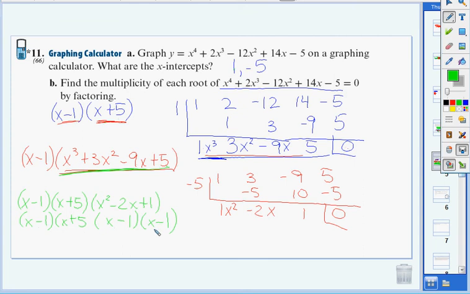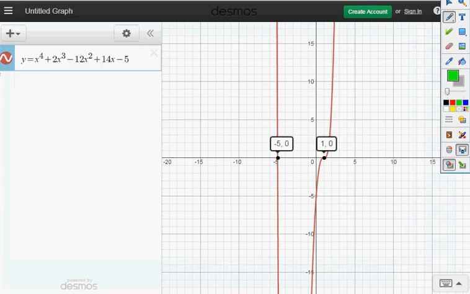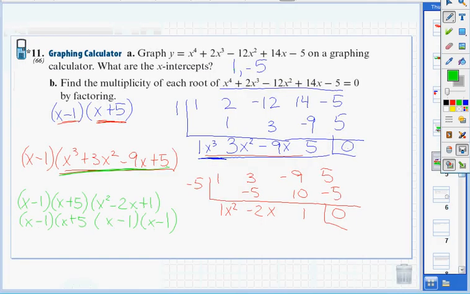The multiplicity of 1, and we knew that 1 was going to be a root, right? We saw that on the graph. So back here, we saw that 1 was going to be a factor. We saw that 5 was going to be a factor. Now we're just saying how many times. What's the multiplicity?